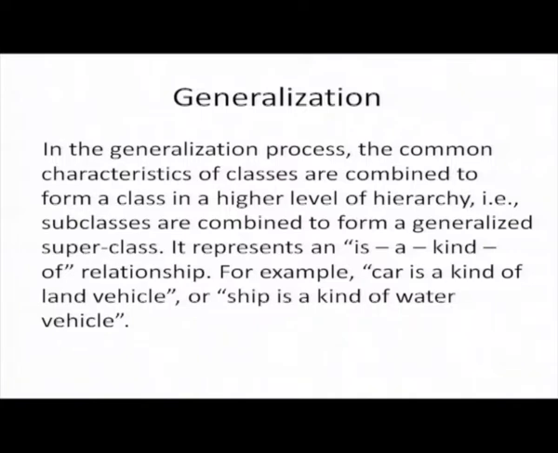For example, car is a kind of land vehicle, or ship is a kind of water vehicle. This is essential in abstraction. In the beginning there was nothing, from which came sun, moon, stars, air, water, fire, from which we got something else, chemicals came, substances came. So, what we are facilitating is that kind of a beginning, the Big Bang.